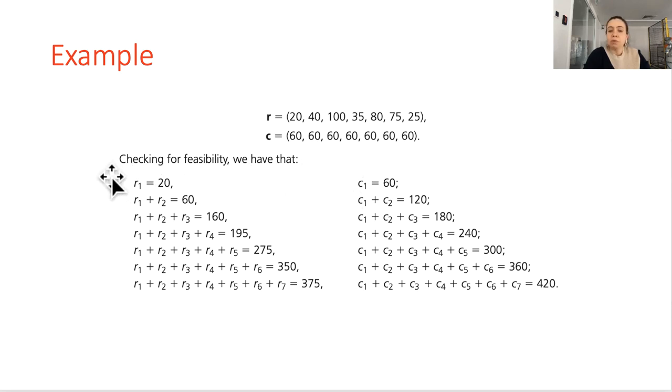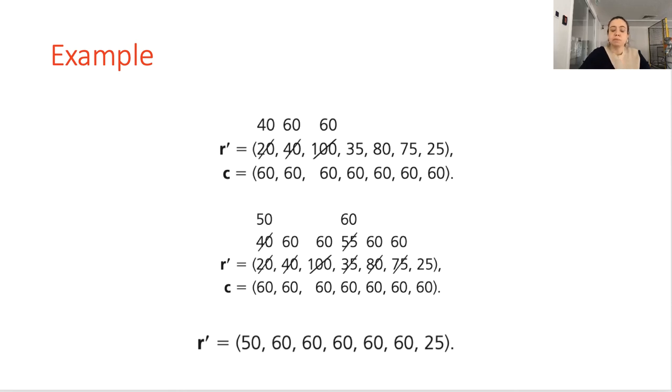If they are always less than, then we can guarantee that we can find a feasible solution for that problem. Now, when I check, I see that all these requirements are less than the capacities, so I can say that I can find a feasible solution for this problem. Now let's find a feasible solution for this problem.